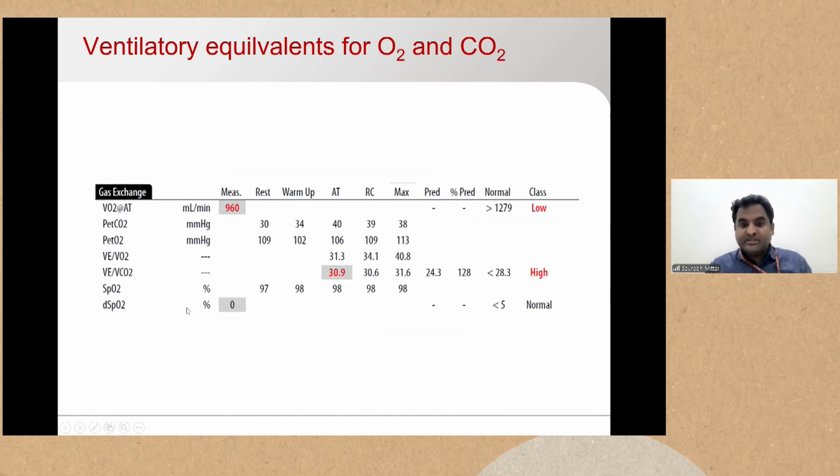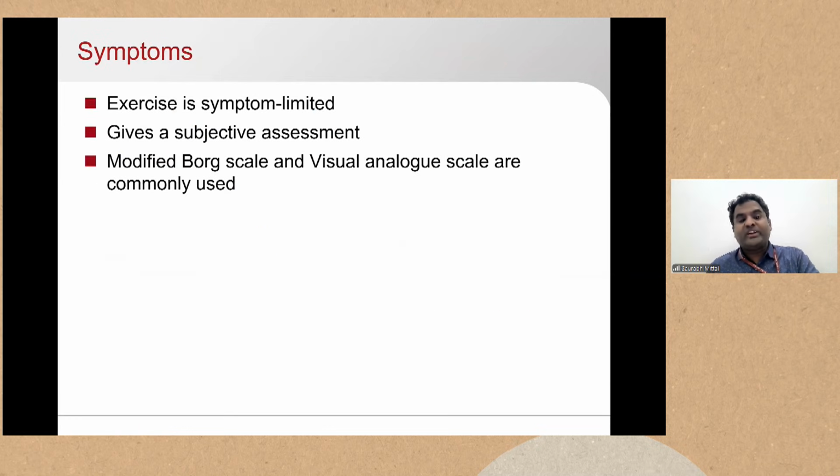This kind of slide shows the report, which gives us the VE by VO2 and VE by VCO2. In this patient, we can see that their VE by VCO2 is slightly elevated, not too much. Now, we also monitor patients for symptoms during the test. So when do we stop the test? When patients have too many symptoms.